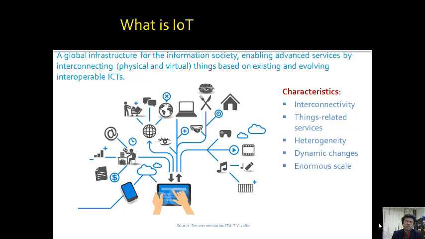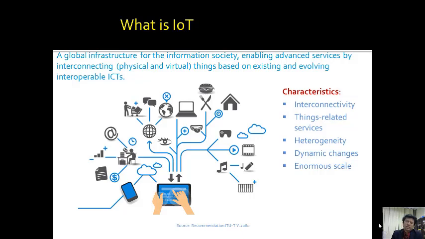The heterogeneity characteristic says that devices in the IoT are heterogeneous as they are based on different hardware platforms and networks, and they can interact with other devices or services or platforms through different networks. The dynamic changes is also very important.